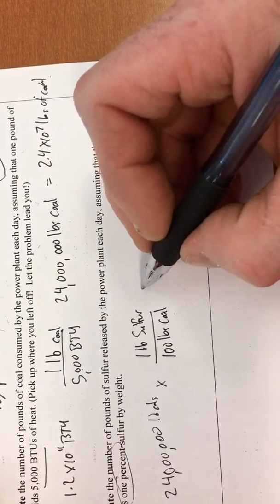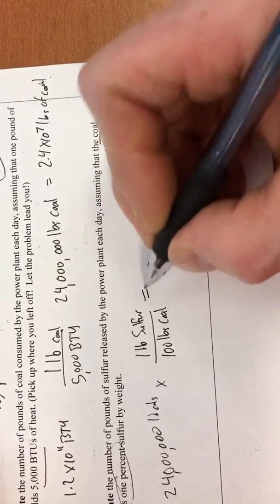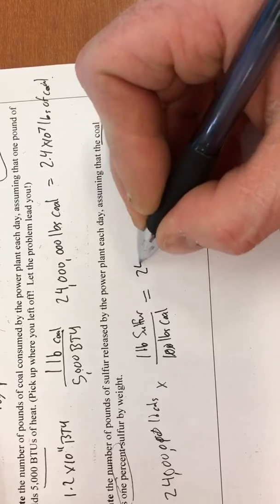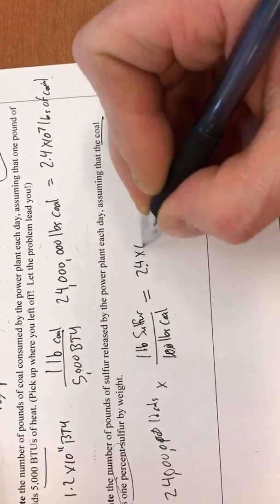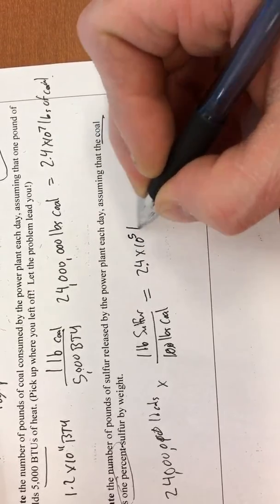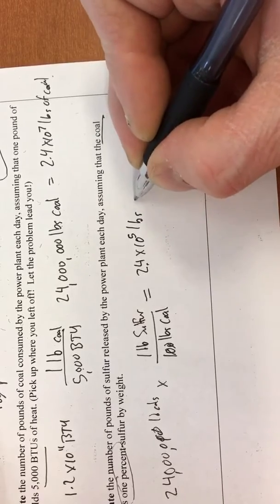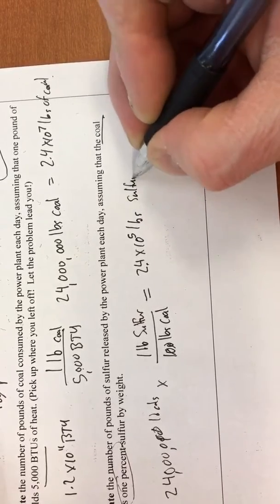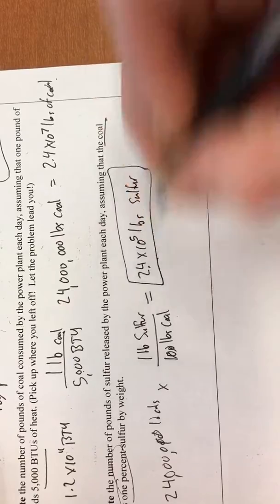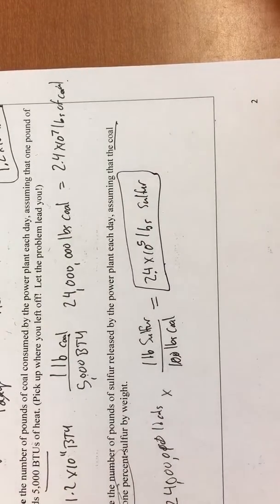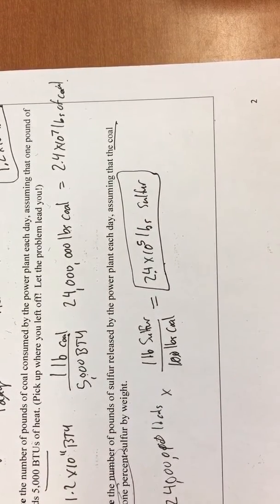And when you do that, that'll cancel. So we're only looking at 2.4 times 10 to the 5th pounds of sulfur. And right now you have no idea what sulfur will do to the atmosphere once it's burned and released from coal power plants. But we will talk about that when we get back.